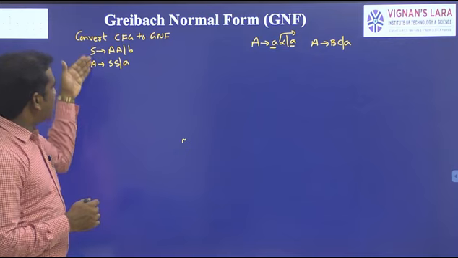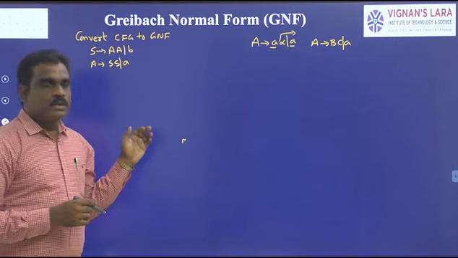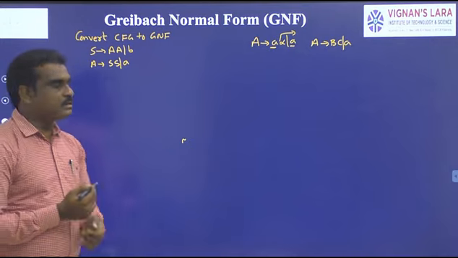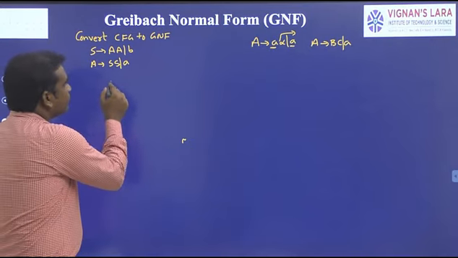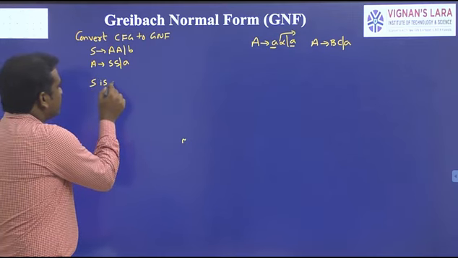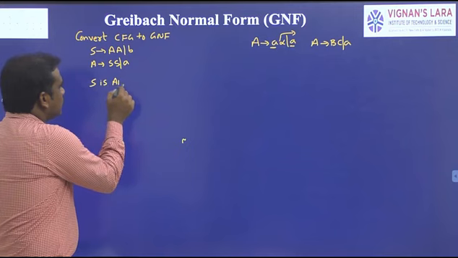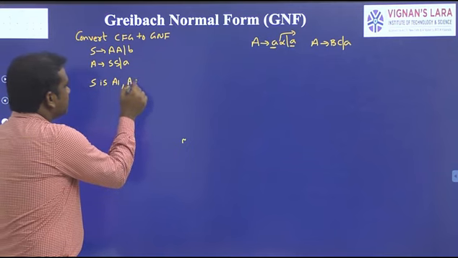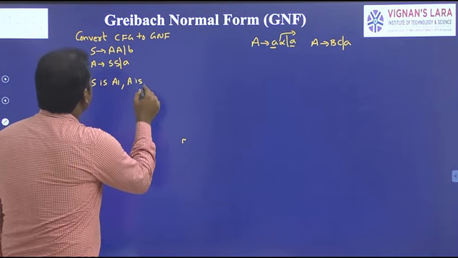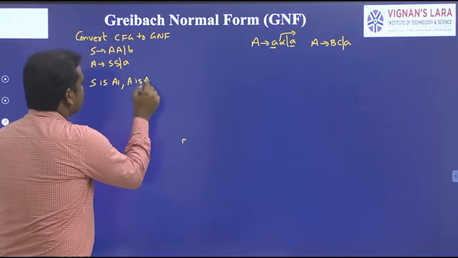The given grammar contains 2 non-terminal symbols. So first these 2 non-terminals are replaced with suffix values. Suppose S is replaced with A1 and A is replaced with A2.